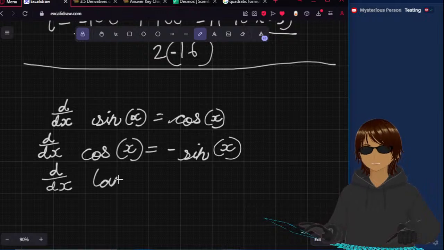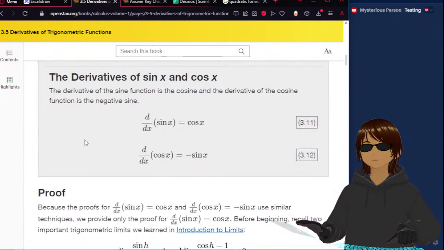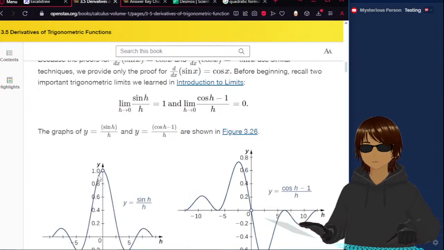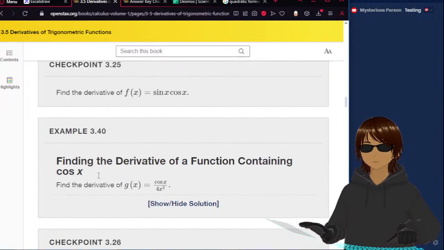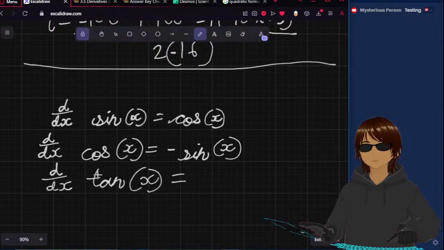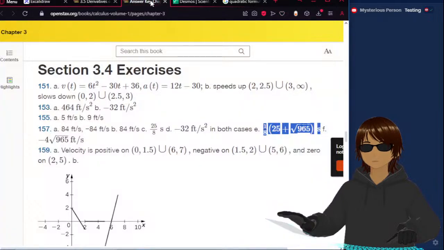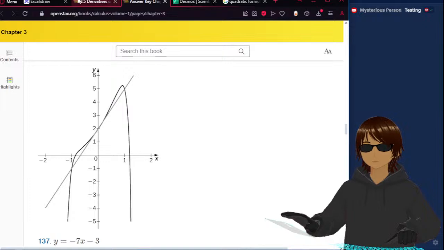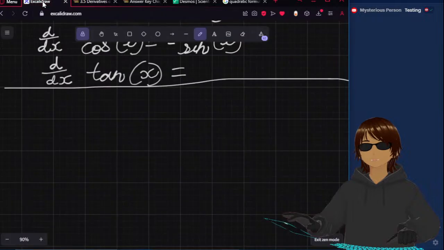Of tan, I forgot what tan x is. Let's do this question first. Five x cubed sine x.